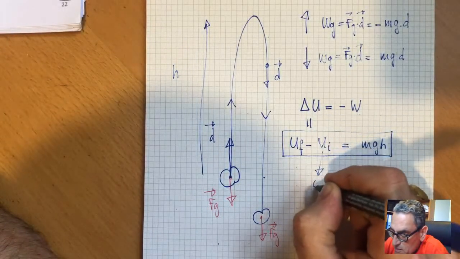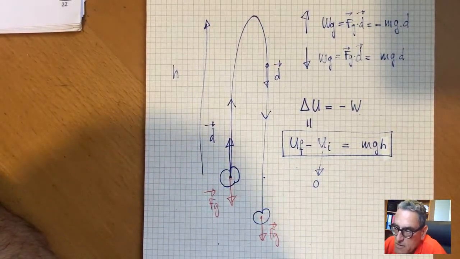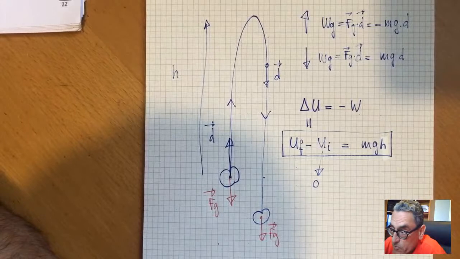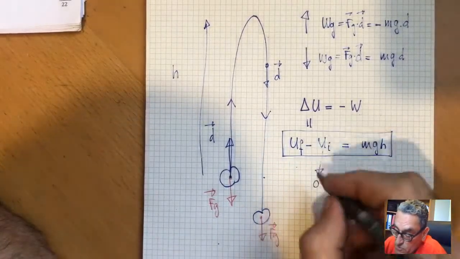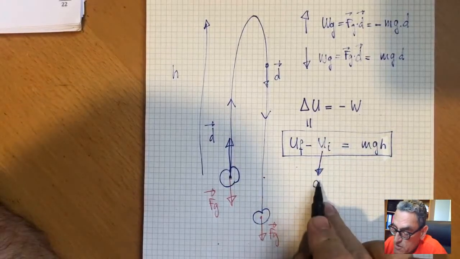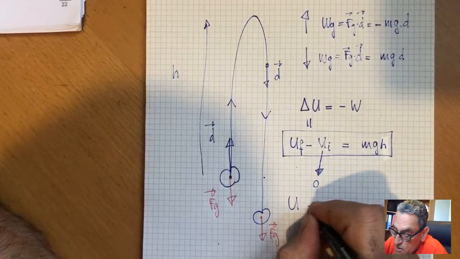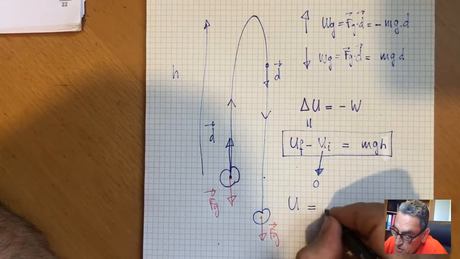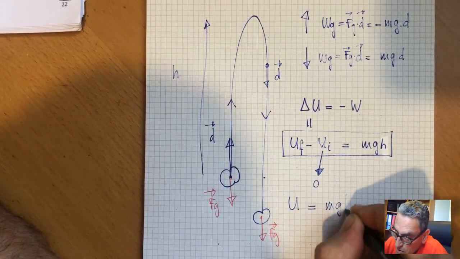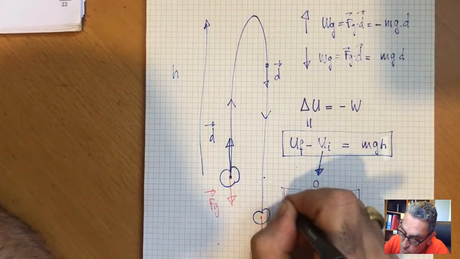Imagine that the initial potential energy is 0. You will see later that this is a plausible hypothesis, because we can define the 0 of the potential energy wherever we want. If we set this to 0, then the potential energy which we get by raising the object by a certain altitude h is mgh.